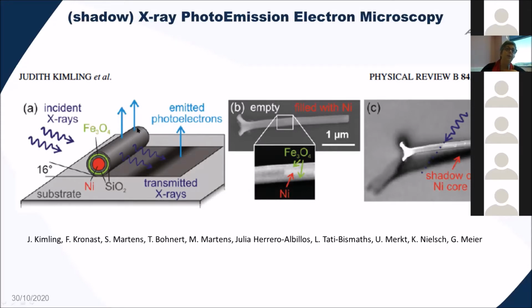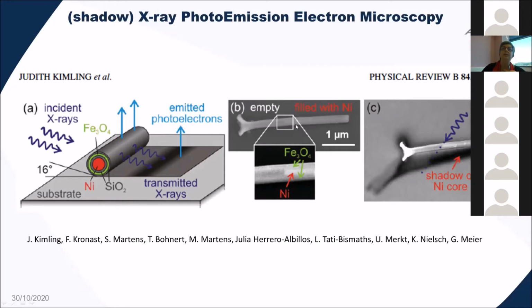One looks simultaneously at photoemission from the surface of the wire and at electrons that are emitted from the substrate after being excited by X-rays that have traversed the nanowire, including the core. So they carry some information about the core.